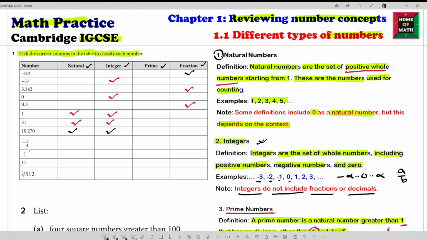Minus 1/4 is a fraction. 2/7 is a fraction. 11 is a natural number, an integer, and definitely a prime number.